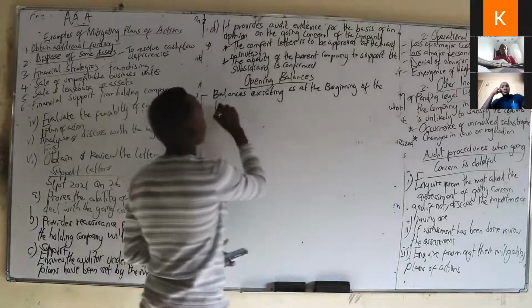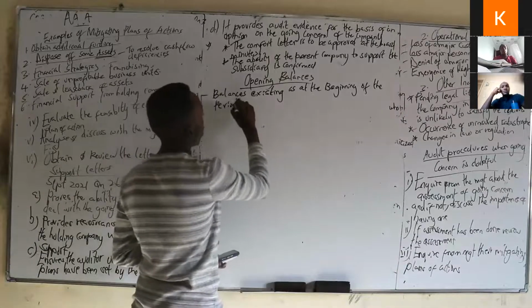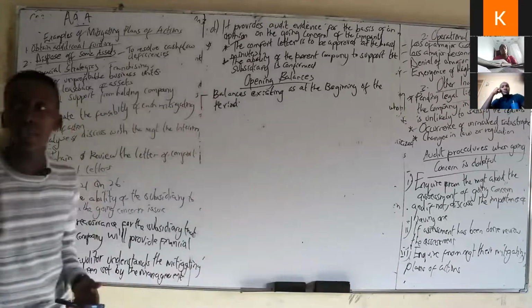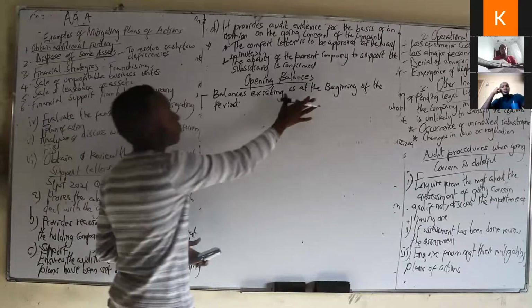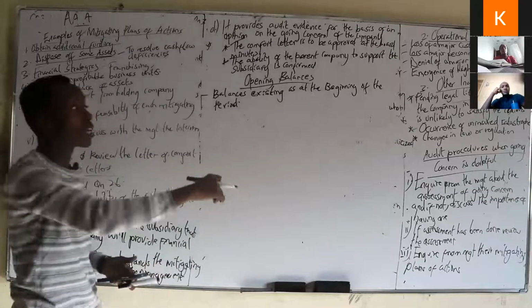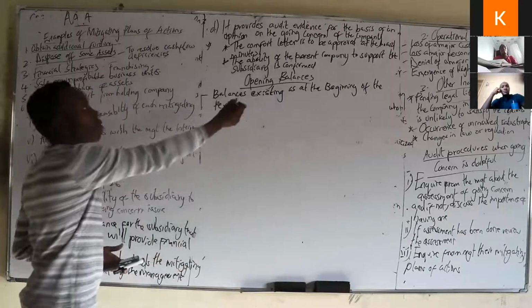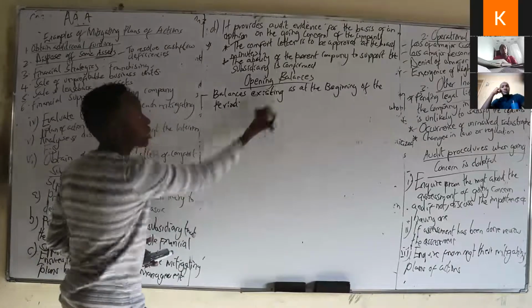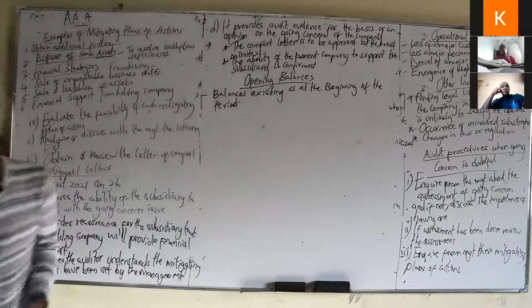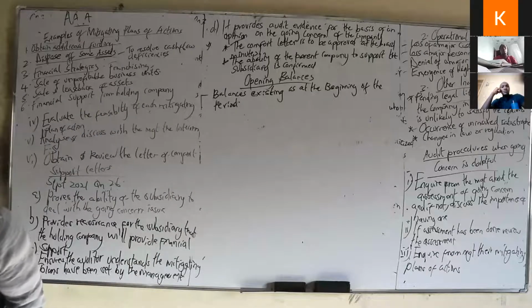So let's say this auditor is a new auditor of the company. How then will he verify these opening balances? One, he will look at the working papers of the predecessor auditor so as to confirm that the closing balance is what is now the opening balance.